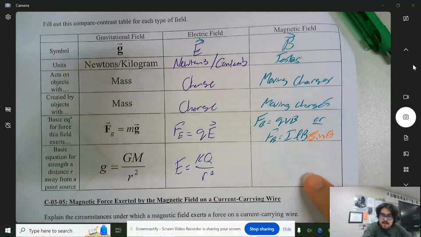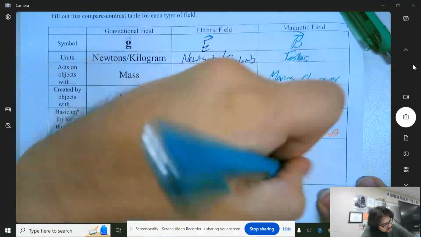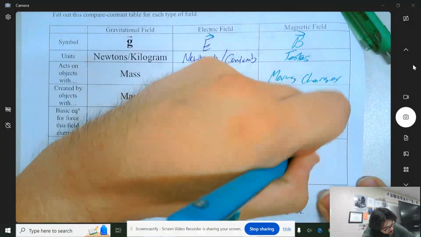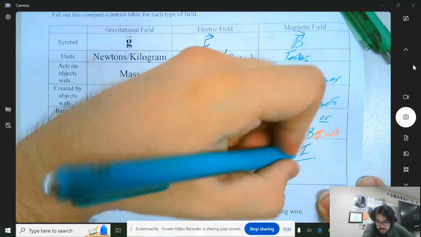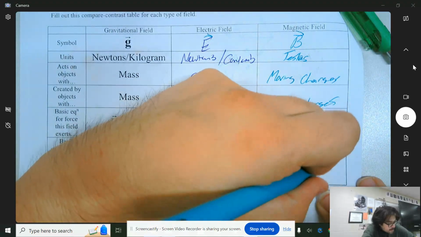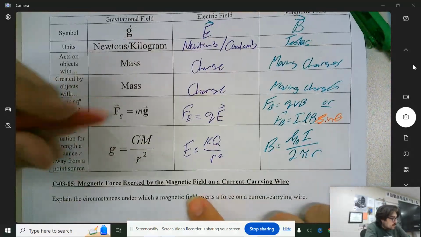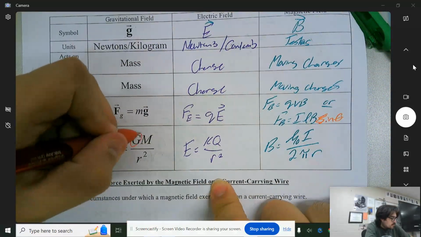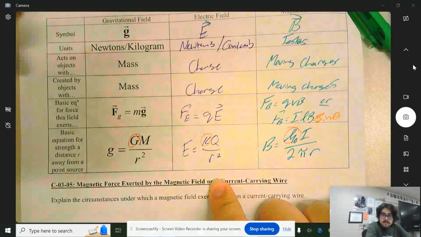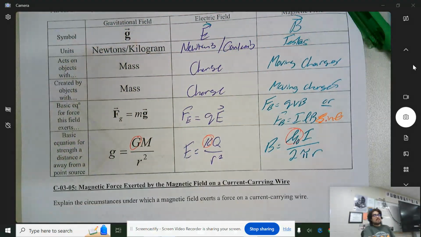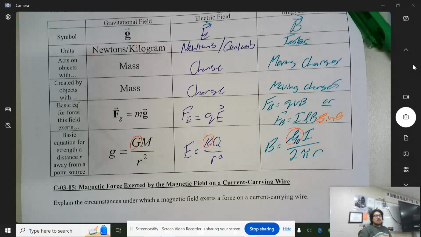And then the basic equation for the field we already did is B equals mu naught I over 2 pi r. And the main thing I really want you to notice is that each of these final equations all have some sort of constant in them, whether it's G or k or mu naught. That's a similarity they all have. They're all defined by some constant that we use.